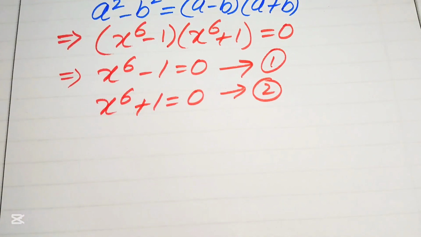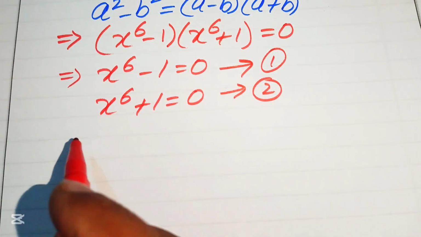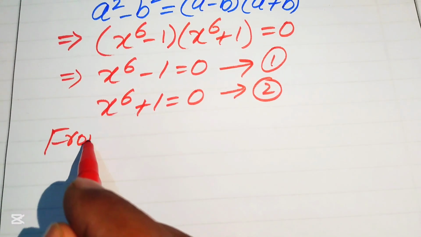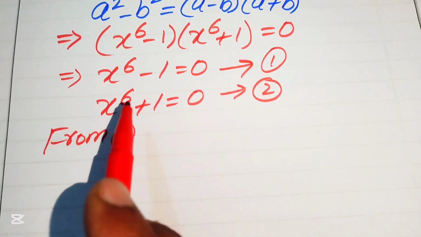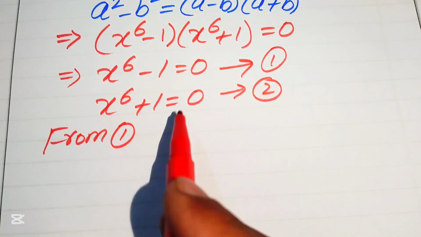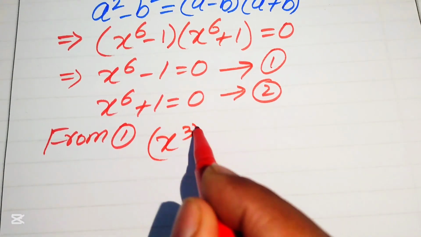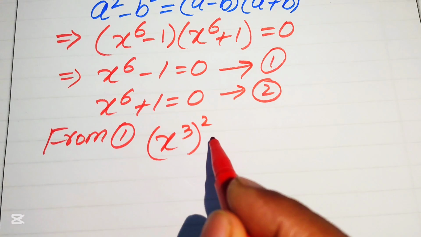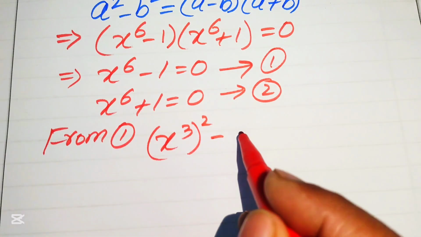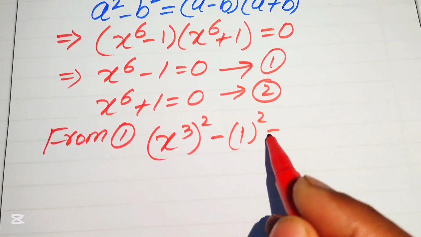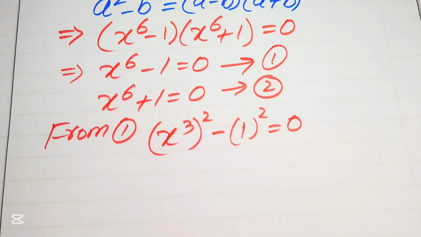So now here we need to first focus on equation number 1, so that from equation number 1 we rewrite this as, we write x to the power of 6 as x cubed square, and minus, we write this one as 1 square equals to 0.